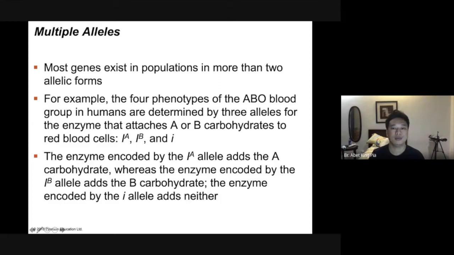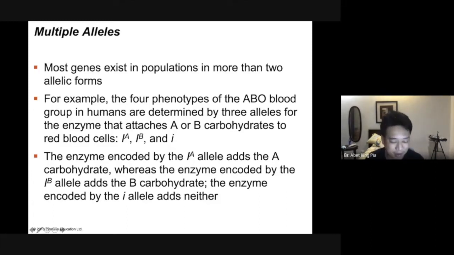So examples would be the 4 phenotypes of the ABO blood group in humans, which is determined by 3 alleles for the enzymes that attach A or B carbohydrates to red blood cells. Ito yung 3 alleles niya: capital IA, capital IB, and small i.